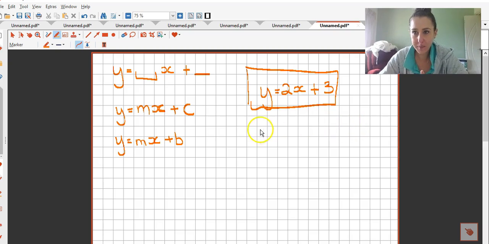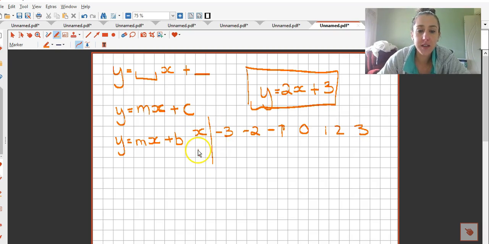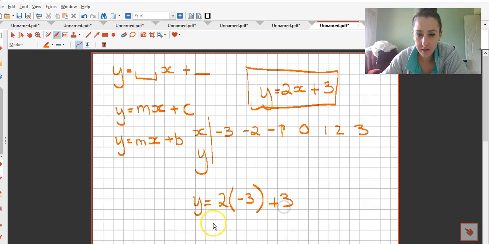What does it actually mean? So we worked it out with our table of values where we would have -3, -2, -1, 0, 1, 2, 3. We would say that they were our x values, and then we'd solve for our y by following this equation. So y equals 2 multiplied by -3 plus 3.